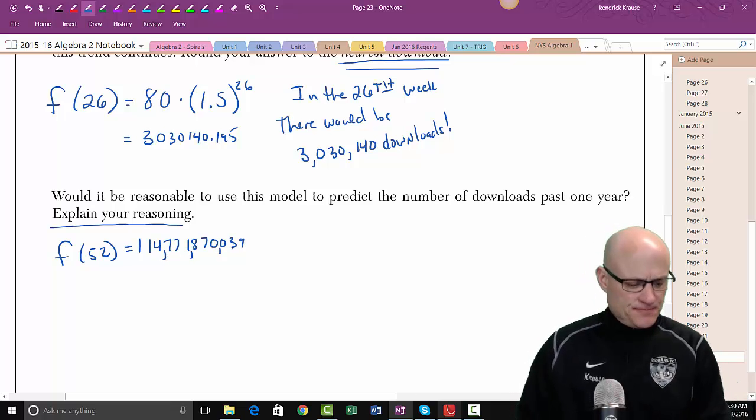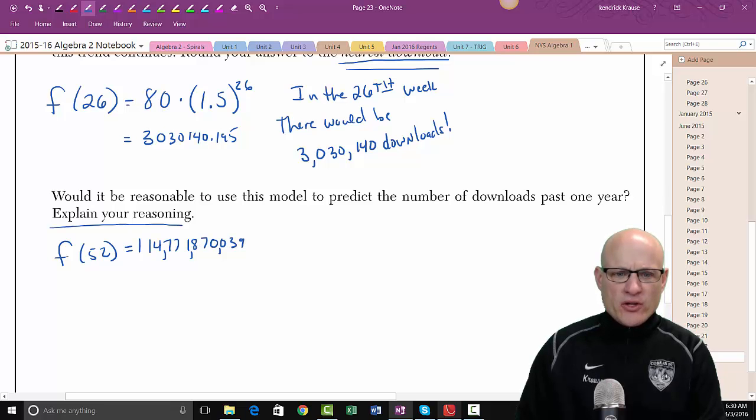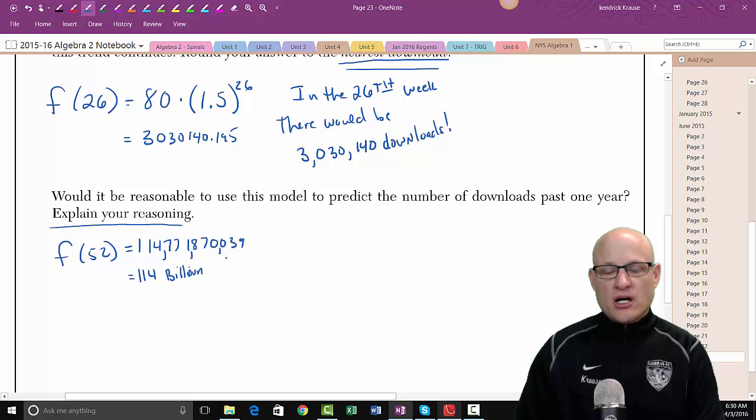So let's see. Hundreds, thousands, millions, billions. You'd have 114 billion. Is everybody going to download it 4 times? I mean, I think there's only like 8 billion people on the planet. So you'd have to have everybody download it like 15 times just to make it.